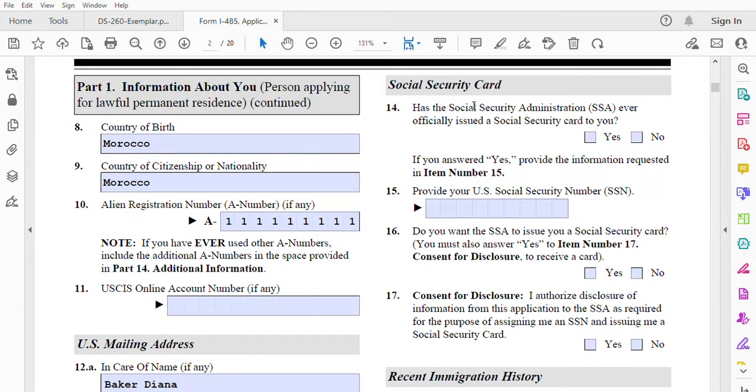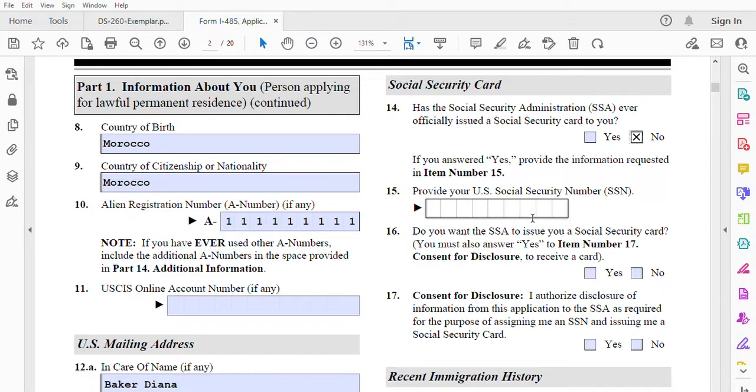Social Security card. Has the Social Security Administration (SSA) ever officially issued a Social Security card to you? In my case, it is no. If you answer yes, provide the information requested in item 15, so you're gonna provide your Social Security number.